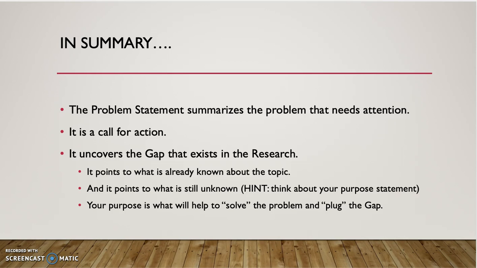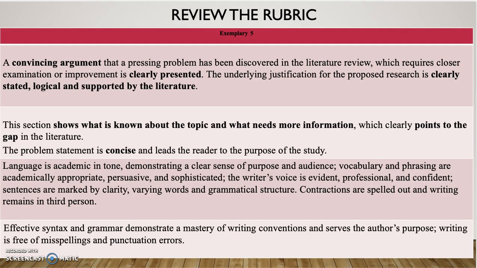Last thing I wanted to mention was review the rubric. The rubric is very clear on what you're going to be graded on, but look at some of the language here. Convincing argument, clearly stated, logical, and supported by literature. So in addition to the facts, the line of logic and how you present the facts and how you build your case for your problem is extremely important.